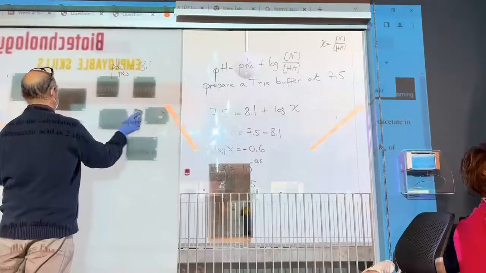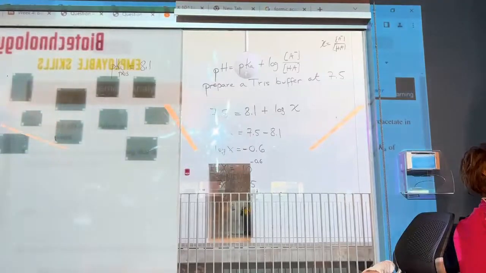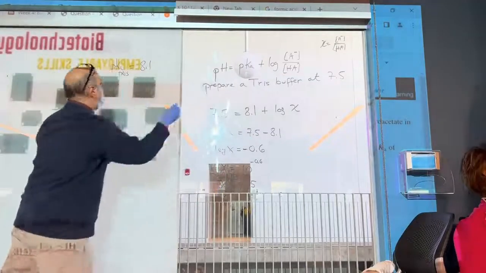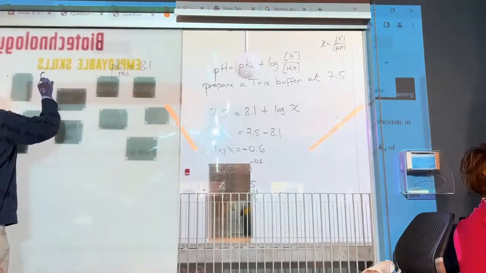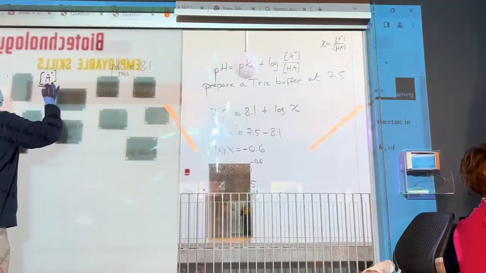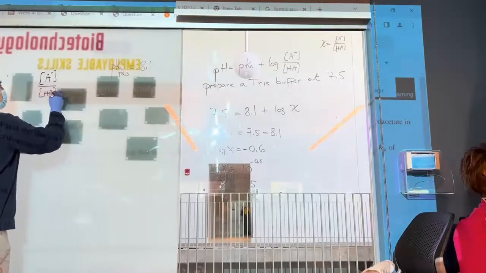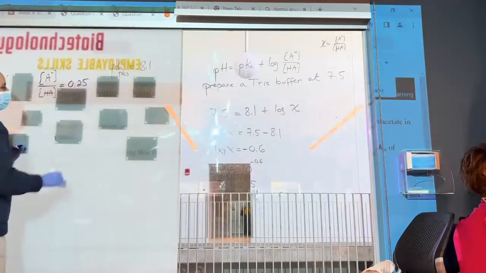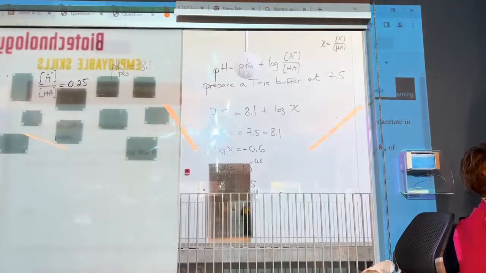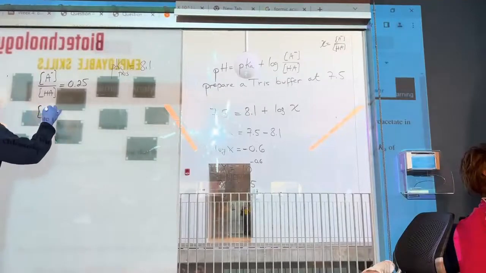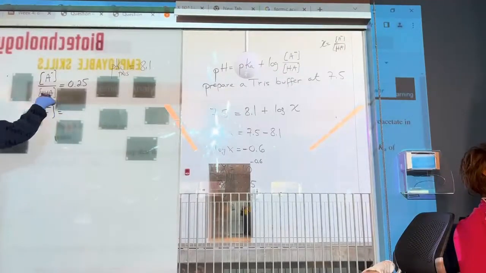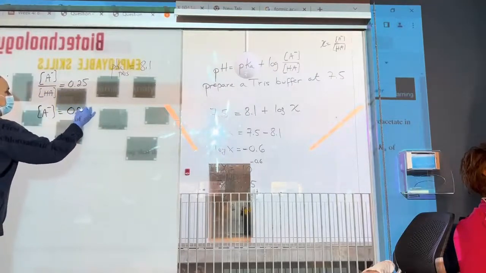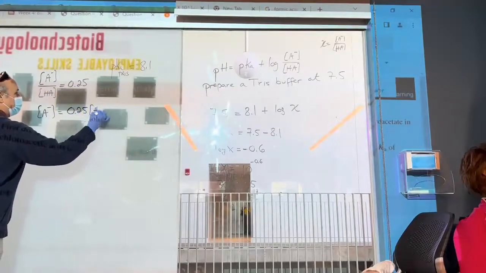So we have a confirmation. All right. That means I'm gonna now replace the X with what I put over there, that the concentration of A minus divided by the concentration of HA has to equal 0.25. And now I can say that the concentration of A minus equals, if I move that to this side, 0.25 times HA.